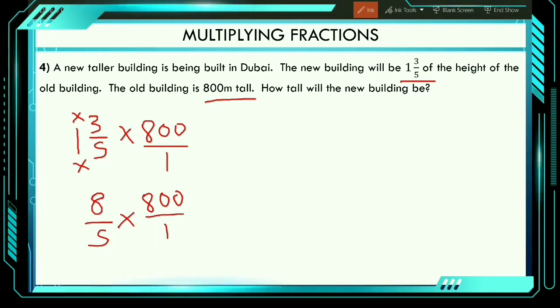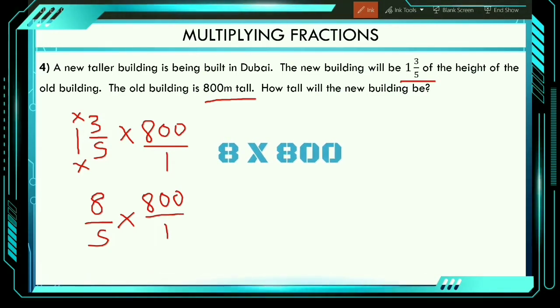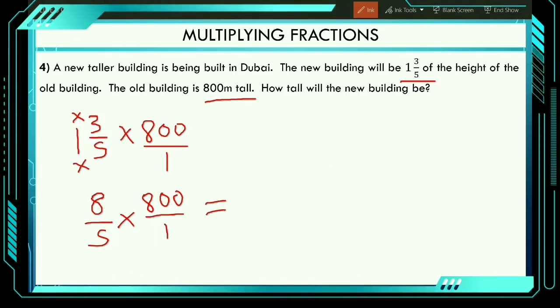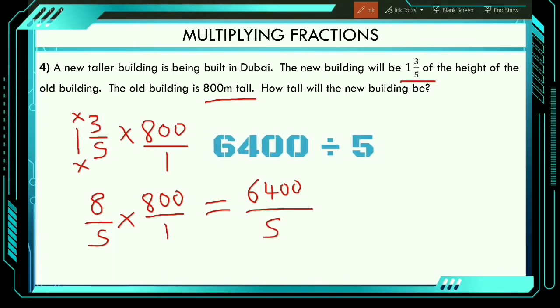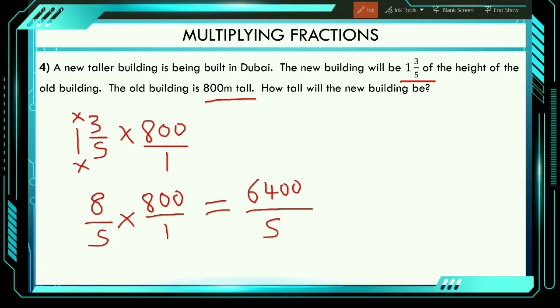800/1. So 8 times 800 equals 6,400 over 5. And then if we do 6,400 divided by 5, that gives us 1,280 meters.